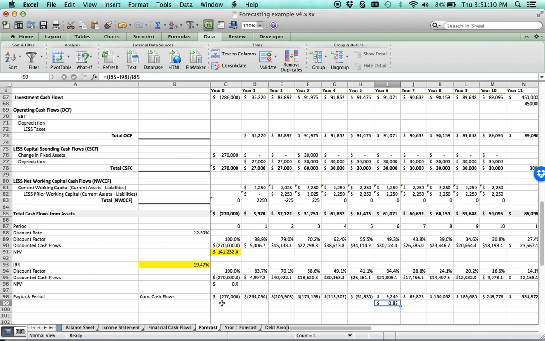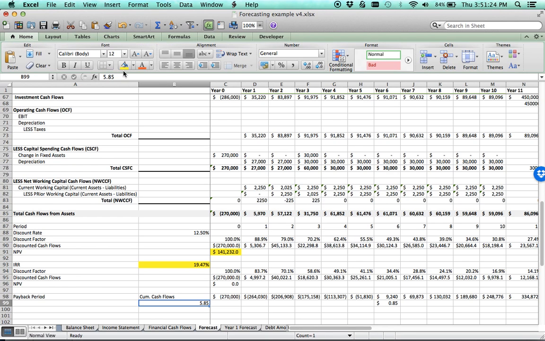So your payback period in this case would be 5.85 years. And so what that says is it's going to take you roughly 5.85 years to pay the thing off. Again, if you had to do that in Excel, it's a little bit more complicated formula than just doing it back of the napkin. So that's why we do it that way. Anyway, so that's how you calculate it.